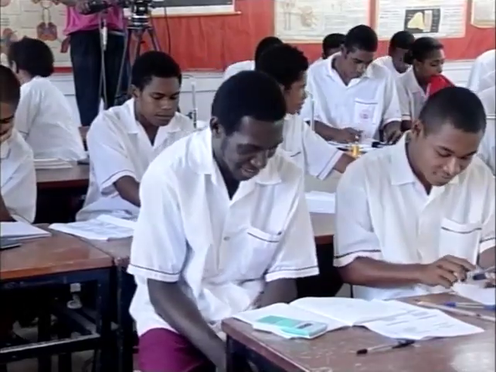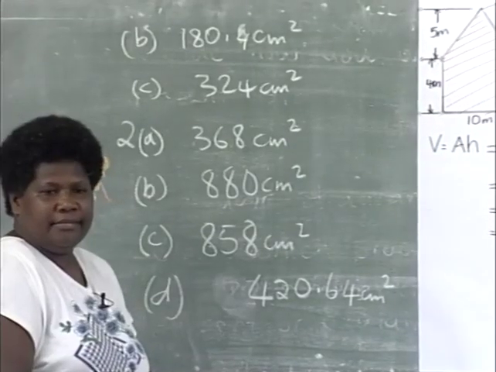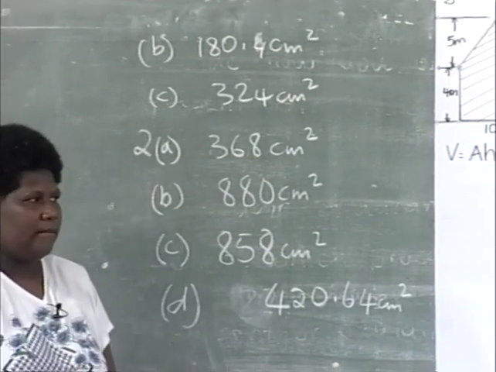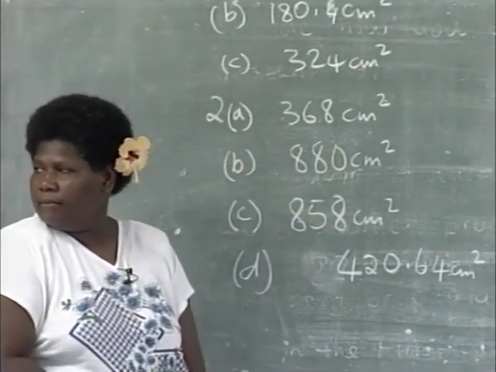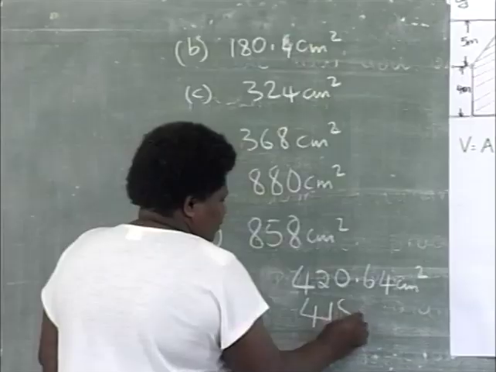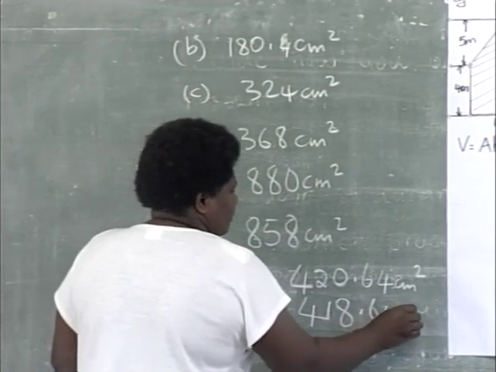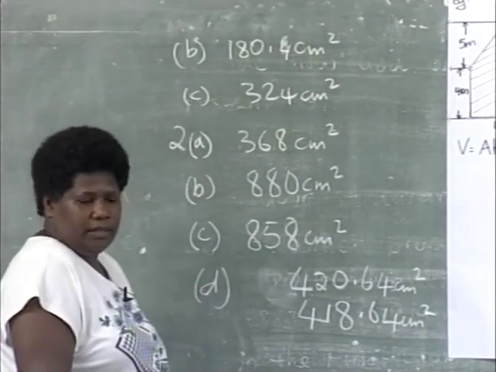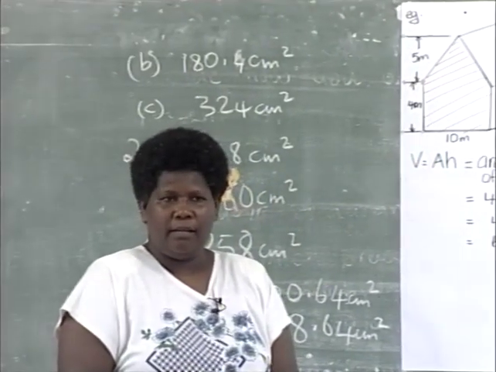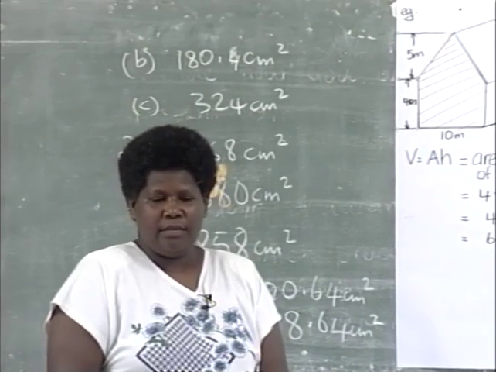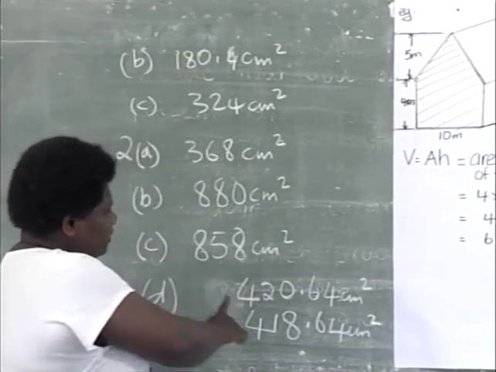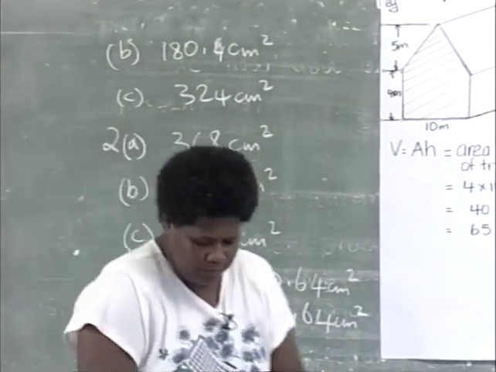Anyone with a different answer? Geno? 418.64. Anyone else with a different answer apart from those two? Peter, what's your answer? Same as the first one, 420.64.